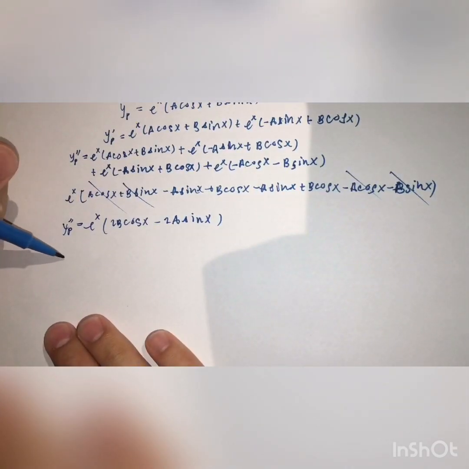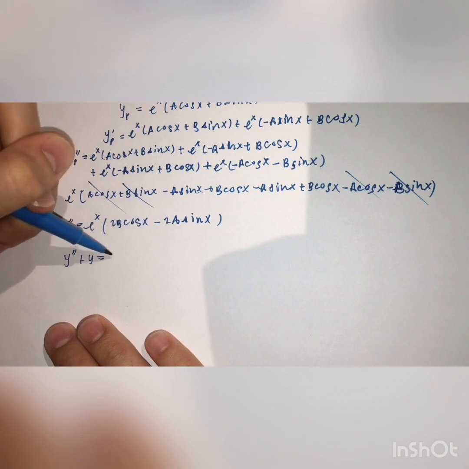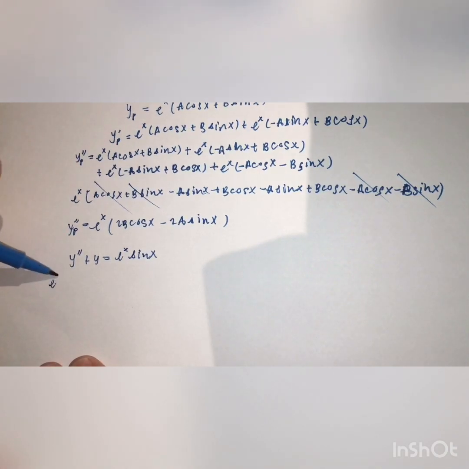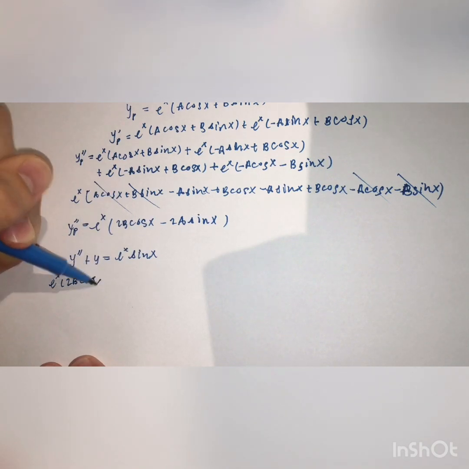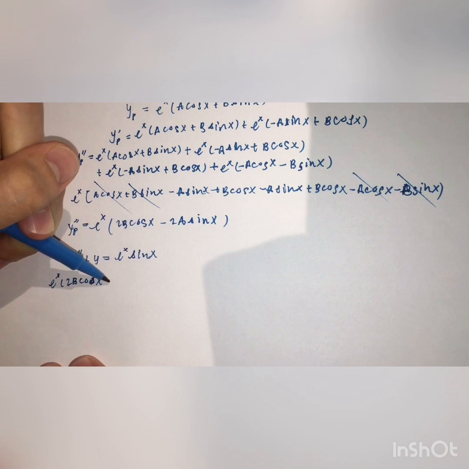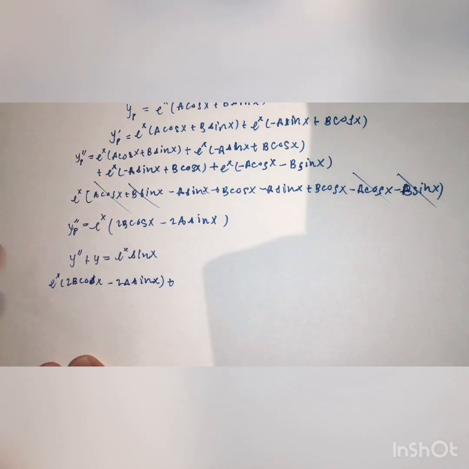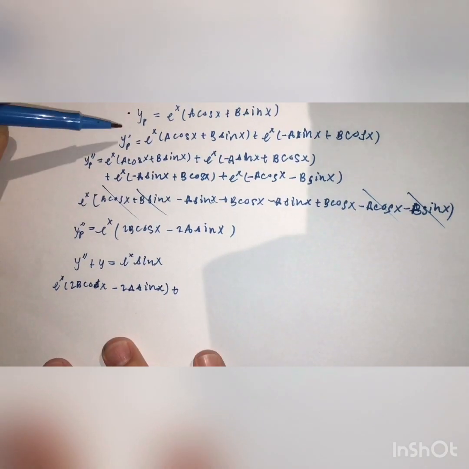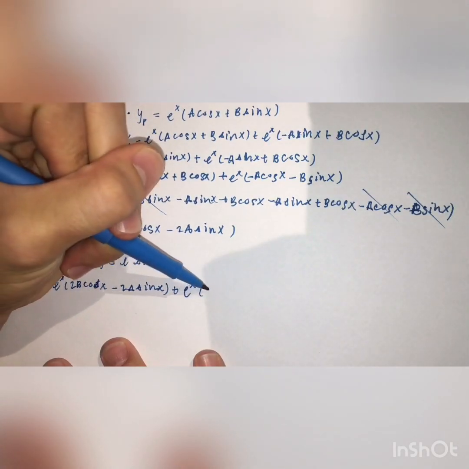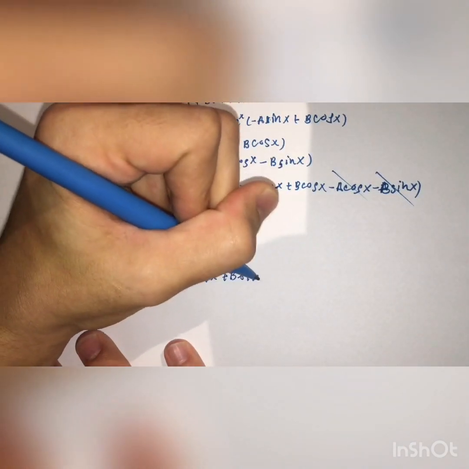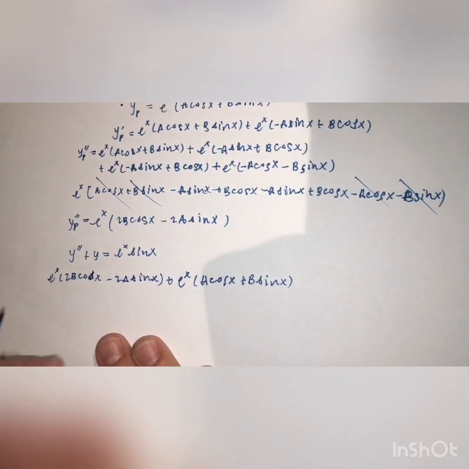Okay, now we're going to replug it back into this equation. So this is our y double prime plus y, which is just our underived function, e to the x, a cosine x plus b sine of x, and we'll set that equal to e to the x sine of x.